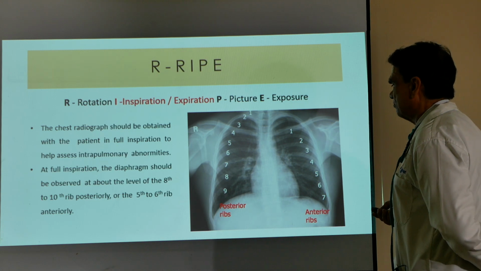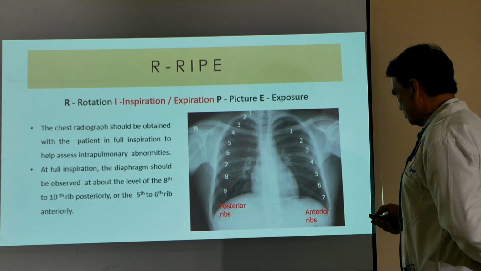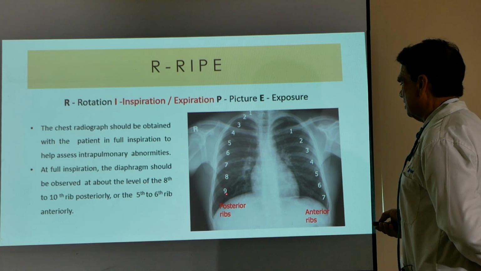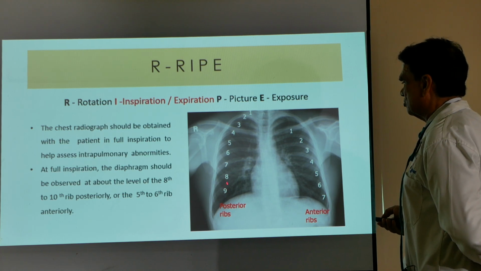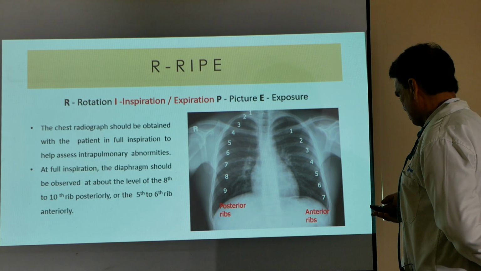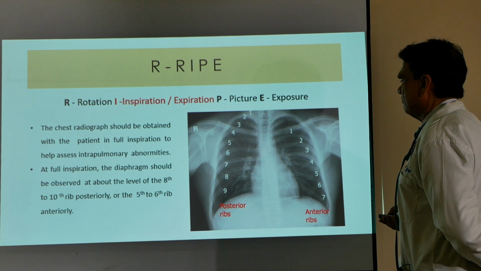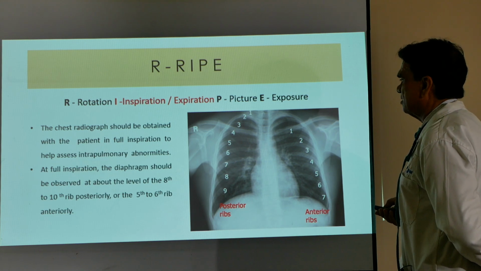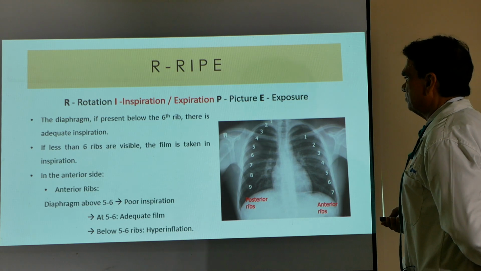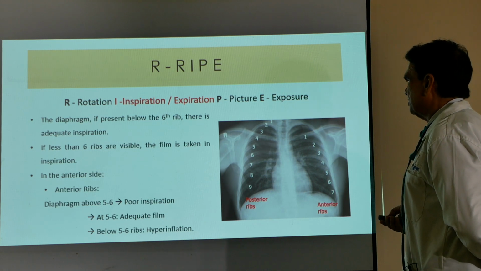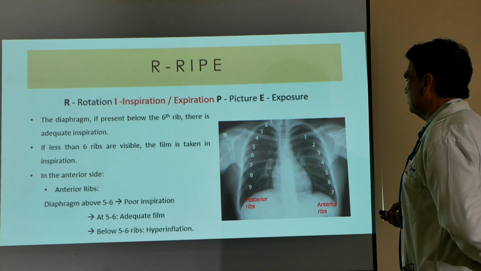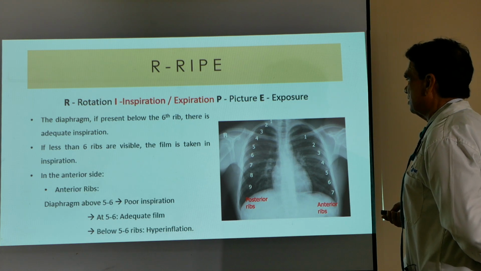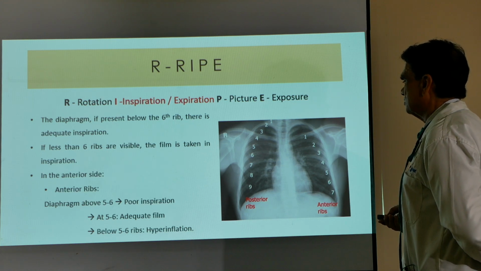Anteriorly, the diaphragm should be at the level of the 5th to 6th rib. If the diaphragm is present below the 6th rib, there is adequate inspiration.